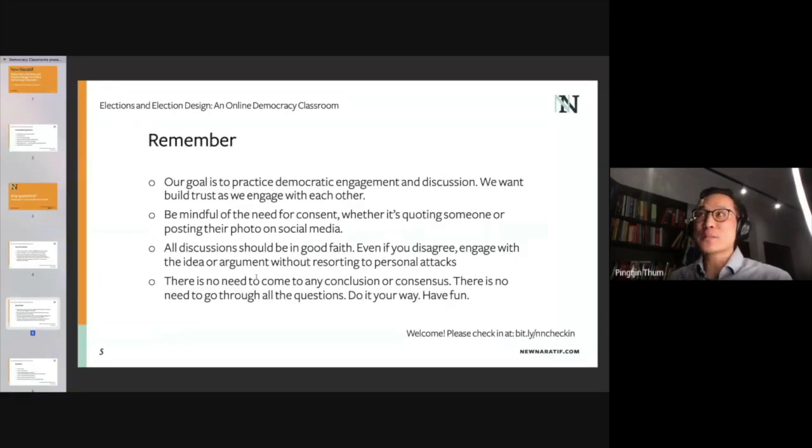If you want to quote someone, ask their permission. Normally in our real life events, we also say, if you want to take a photo of anything, if anyone appears on it, ask their consent. Obviously, that wouldn't be an issue today, right? But again, it's an environment of mutual respect for us, a safe space for us to talk about sometimes very difficult issues which have no right or wrong answer.